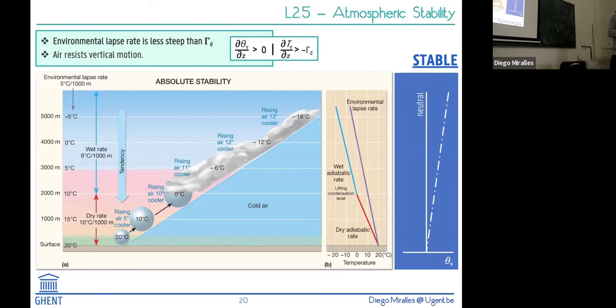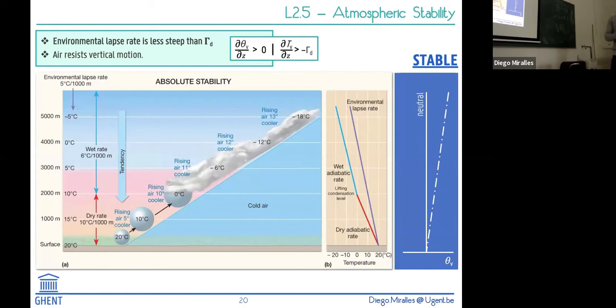So it will find itself colder than the environmental temperature. And if it's colder, it implies it's denser, so it will be stable. So if the change in temperature with height is like this, it implies the virtual potential temperature is increasing with height. This is the same thing but plotted correcting for the pressure, right? And humidity.